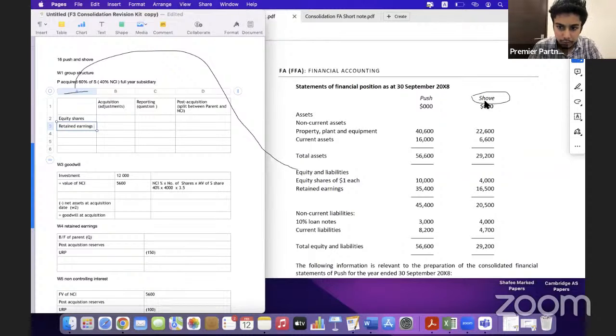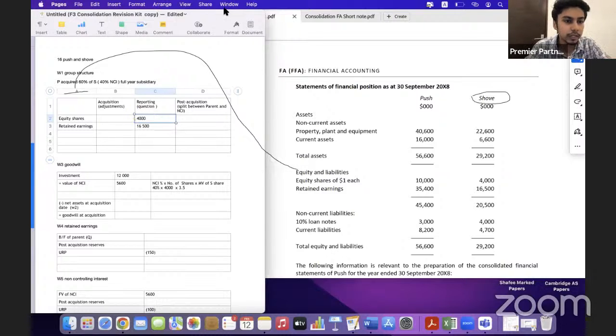Now for the subsidiary, normally these 2 are what date? Acquisition date or reporting date? Always these 2 are reporting date, the day that we are doing the question. So copy this one: 4,000 and 16,500. Normally, when it comes to the equity share, will this one ever change?